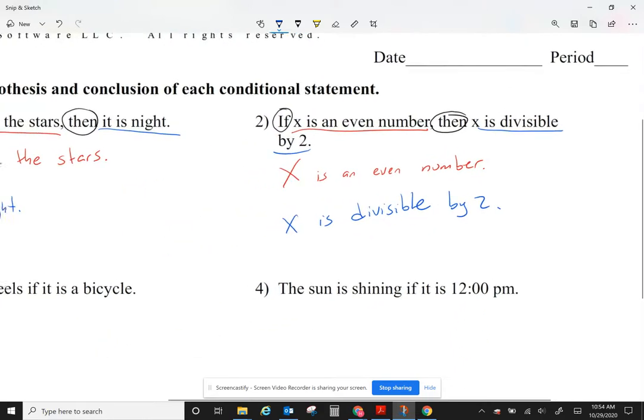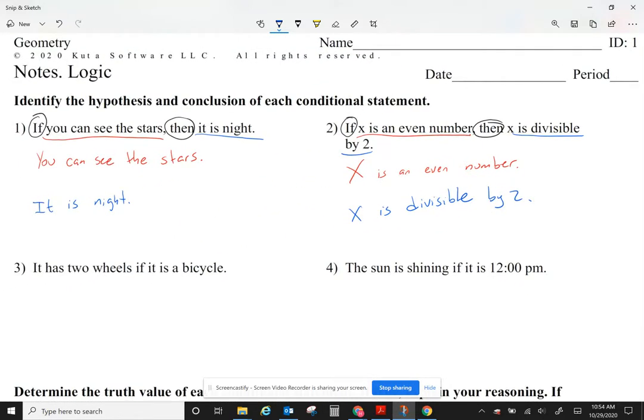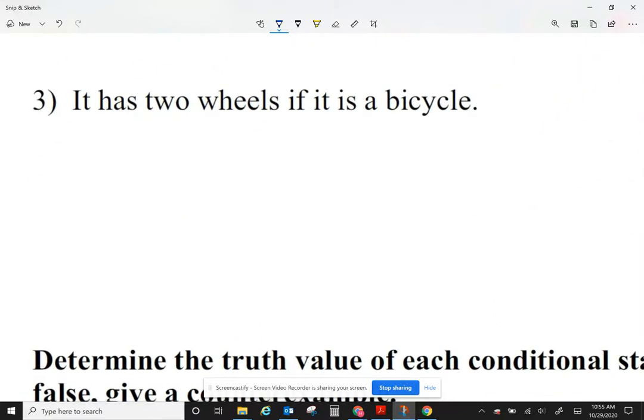Now, in these two cases, the if was at the beginning, the hypothesis was at the beginning, and the conclusion was at the end, but that is not always the case. Looking at question number 3, it has two wheels if it is a bicycle. In this case, I see my word if not at the beginning, but towards the end. The if part is always going to be the hypothesis. It doesn't have to be at the beginning.